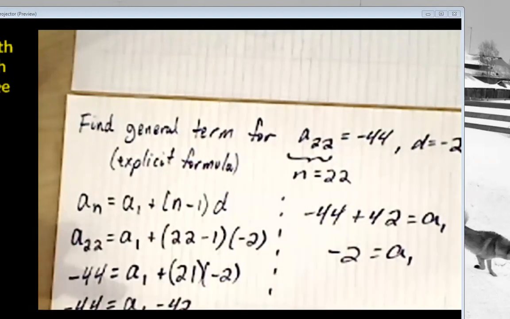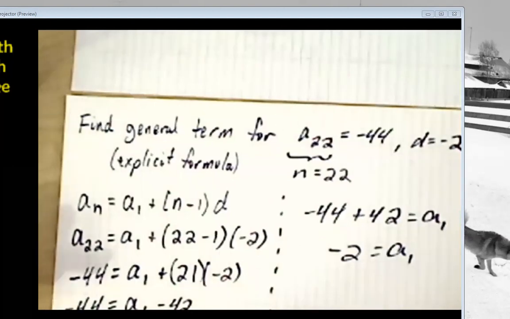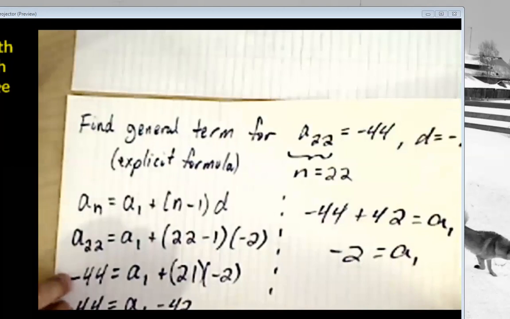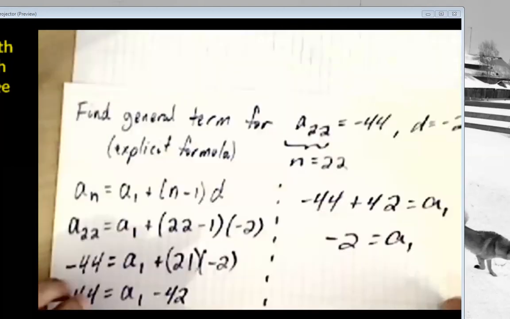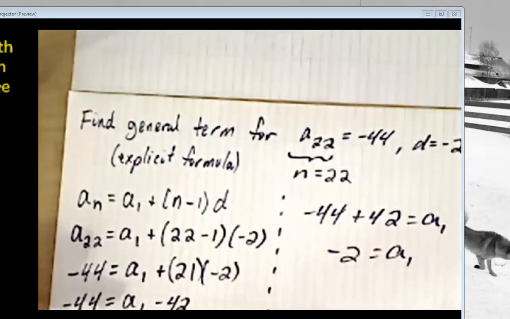But if it's no sign, it's times. Doing the good work, we get A1 is minus 2. And then we're almost there.